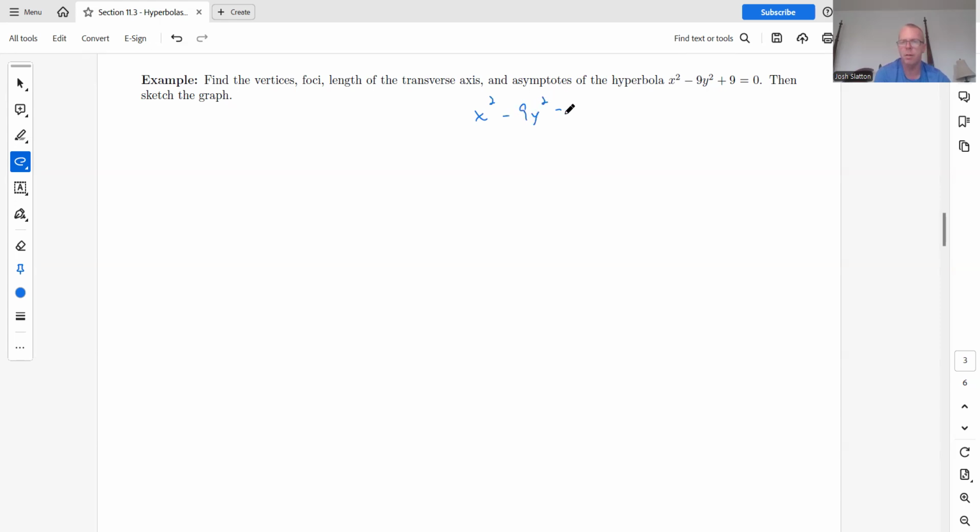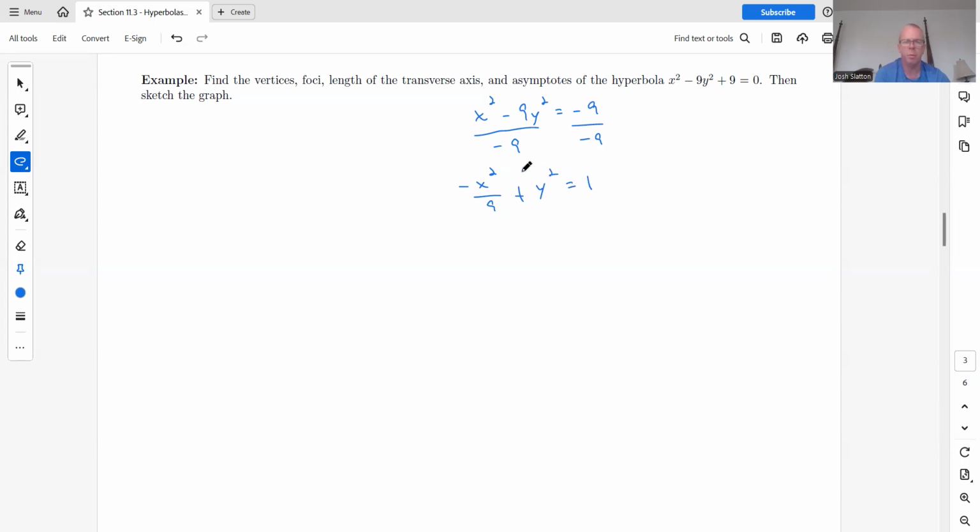So when we do this, if we move the 9 to the other side, now we have negative 9. So let's divide by negative 9 because we need that to be a 1. And so we're going to get negative x squared over 9 plus y squared equals 1.